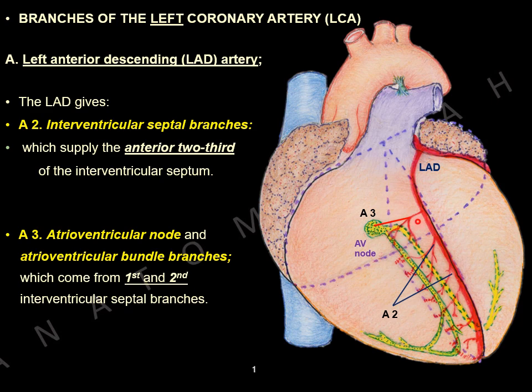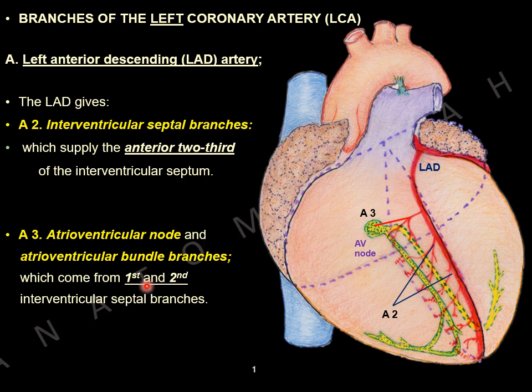So LAD is supplying anterior 2/3 of the interventricular septum. The third group of arteries coming from the LAD are arteries to the AV node and AV bundles. From where do they come?